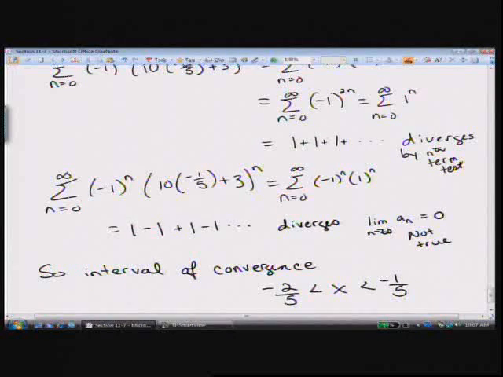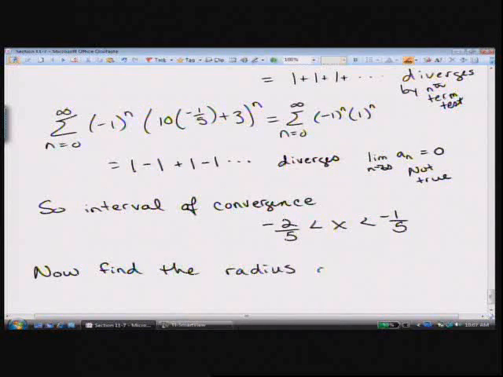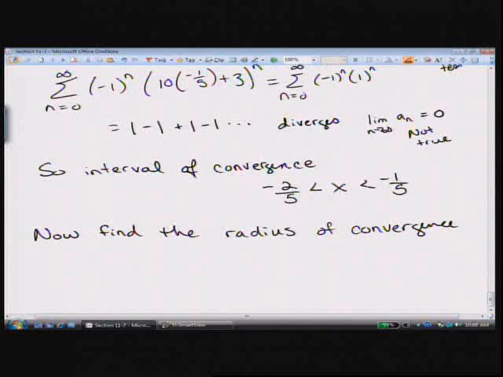Okay. Now they want the radius of convergence. And what you do is you need to find half the distance of the interval of convergence. See, this one, it's obvious that it's not centered at 0, right? 0 is not even in there.